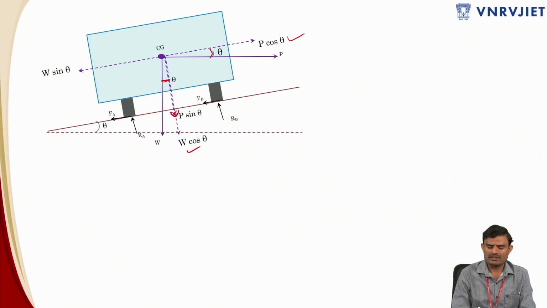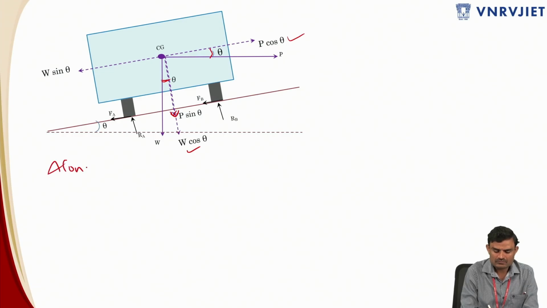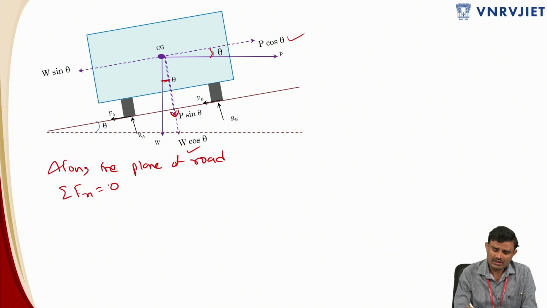Now we have to resolve the forces again, writing the equations of equilibrium along the plane and perpendicular to the plane. Now I'm going to write the equation along the plane of road. Sigma of Fx is equal to 0. The forces acting here are P cos theta in this direction, and W sin theta, and the other forces acting in the opposite direction are FA plus FB.